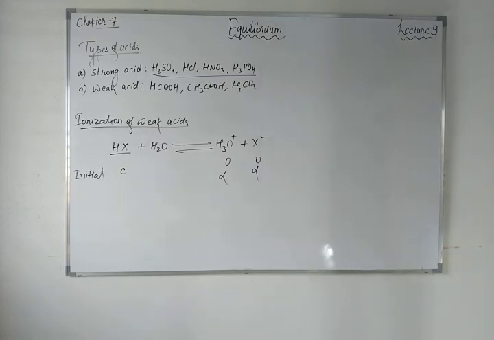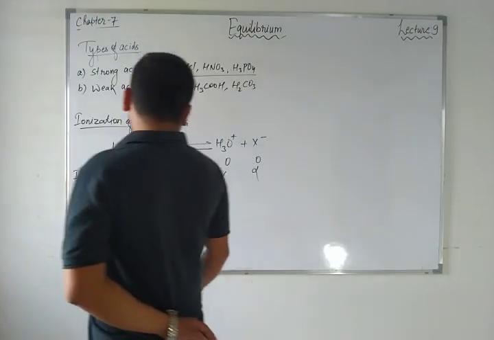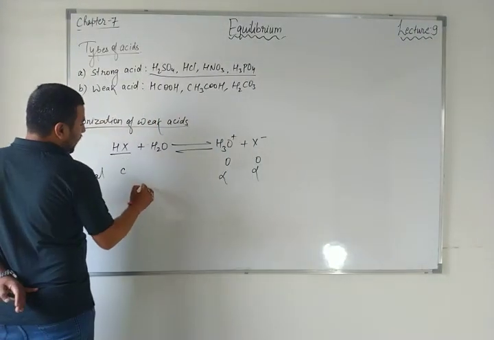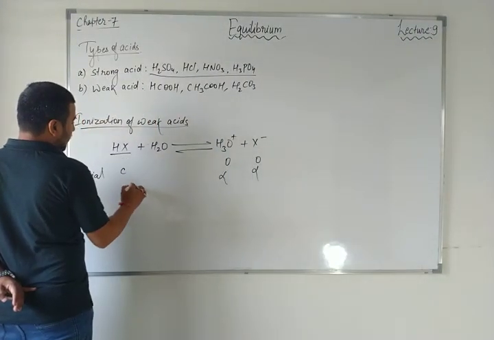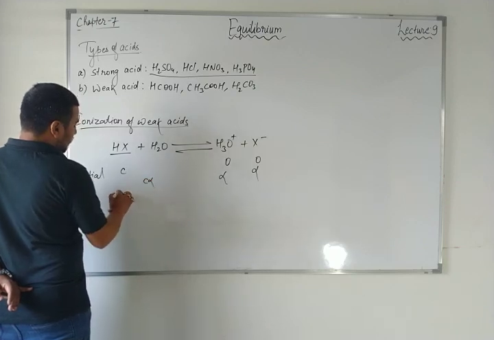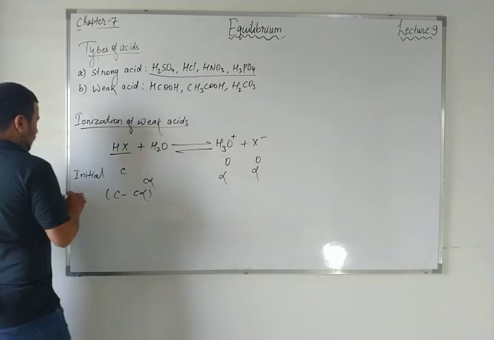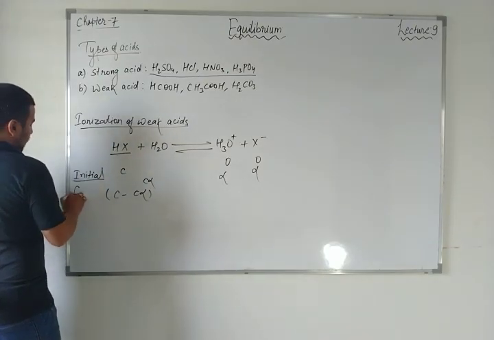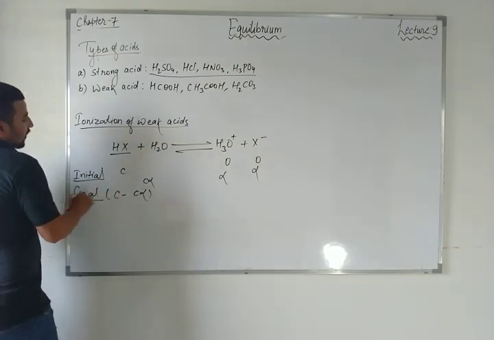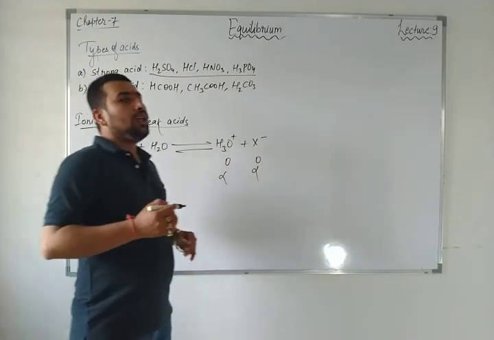So whatever will be the concentration, that minus alpha we can write here. Initially it was C and now C alpha it became. So if I have C alpha, this will become C minus C alpha after time T.